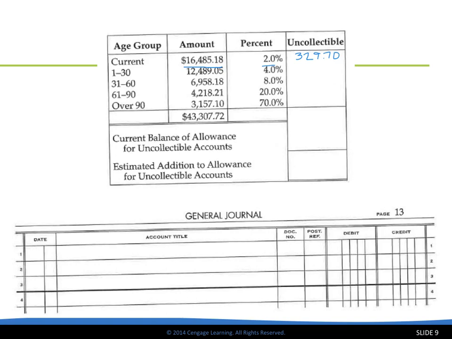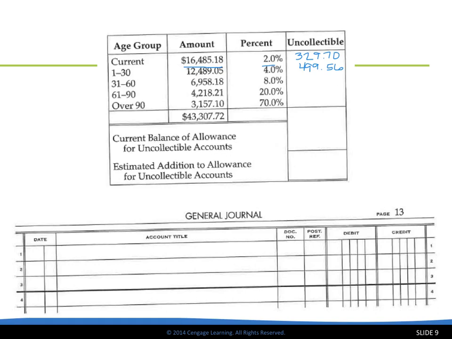Okay, I'm going to do the exact same thing for the rest of my period. So the 1 through 30 days, I take my amount and multiply it by the percentage. So I will end up with $499.56. My 31 through 60 days, I take the amount times the percentage.